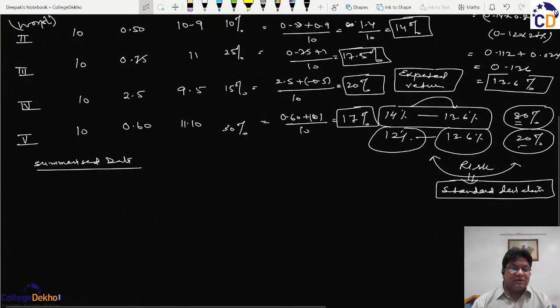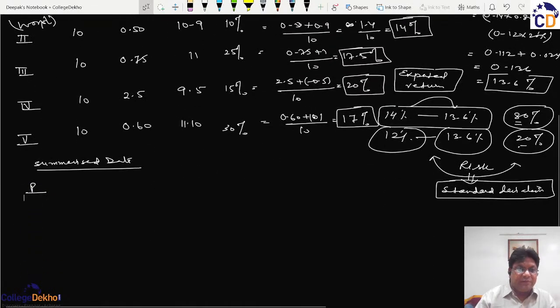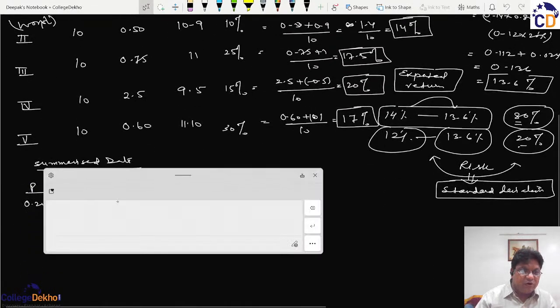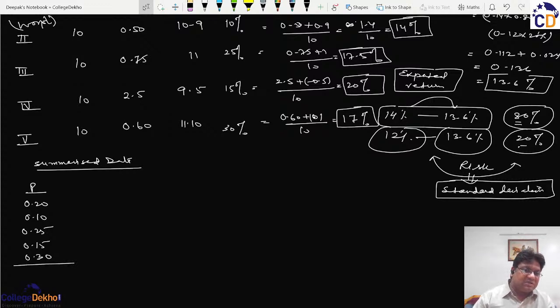Now if I summarize this, what I am getting is that we have probability chances of 20%, that is 0.20, 10%, that is 0.10, 25%, that is 0.25, 15%, that is 0.15, and 30%, that is 0.30. And if you see the total, then this will generate 100% probability, that is 1. It means the returns are expected to be one of the 5.